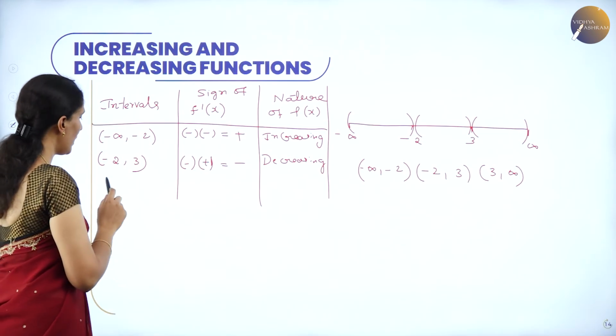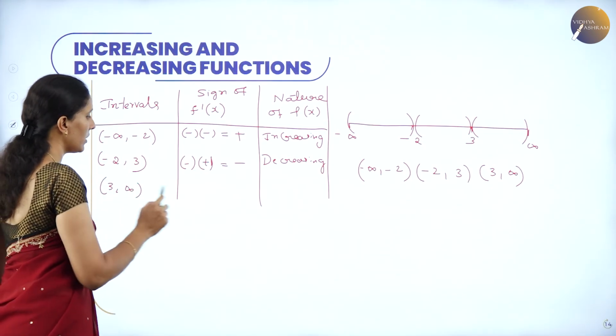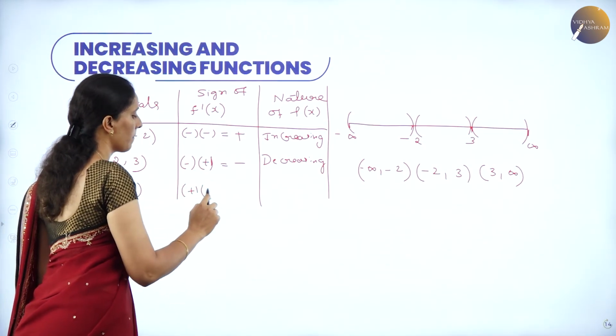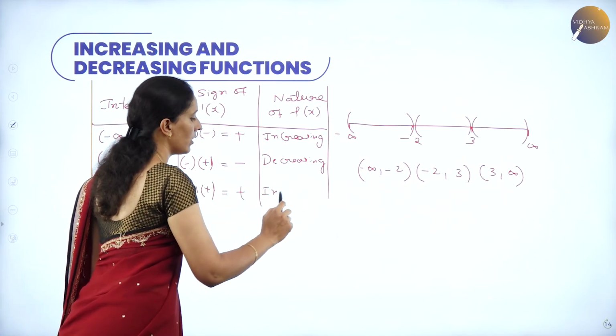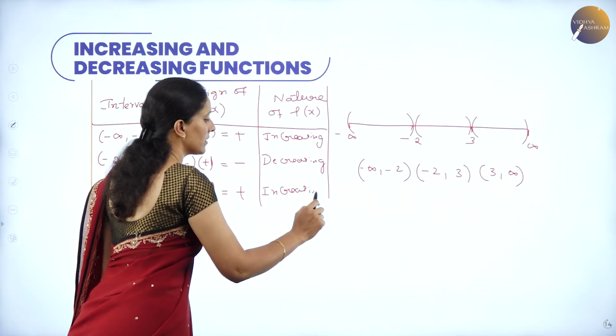And the last interval, that is 3 comma infinity. So both are positive here. When you substitute the values, hence it is positive. So therefore it is increasing.